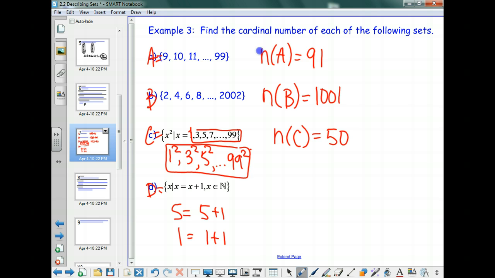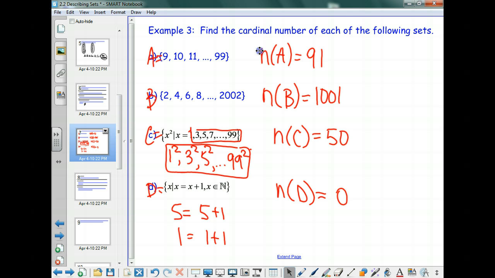What should you be noticing? You can't do this, right? There aren't any numbers that equal themselves plus 1 more. That's not possible. So what is the number of items in set D? 0. The number of items is 0. This is the empty set.